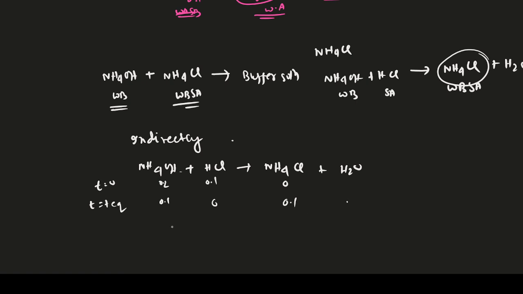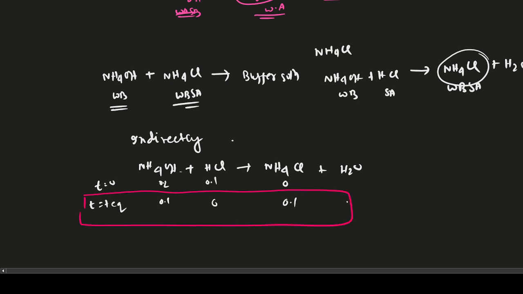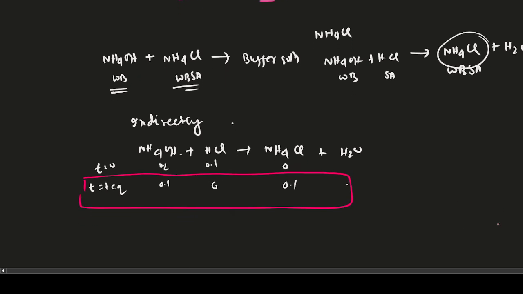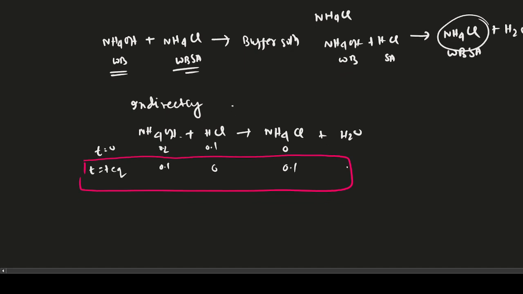After that, what do you have in the solution? In the solution, this is left. So now what will we do? We will use NH4OH, which is left, plus NH4Cl, 0.1 molar and 0.1 molar.